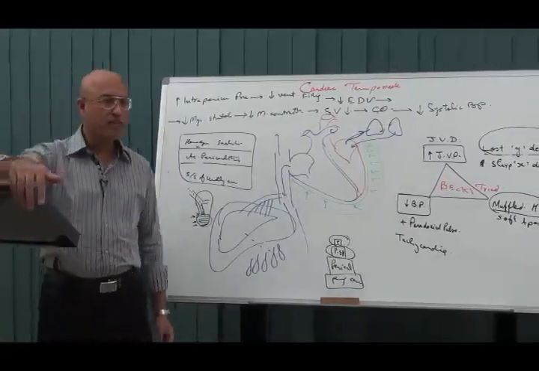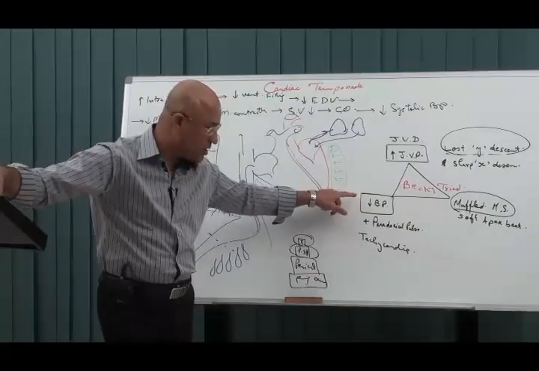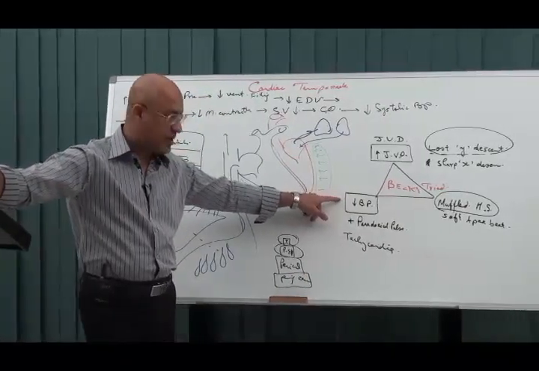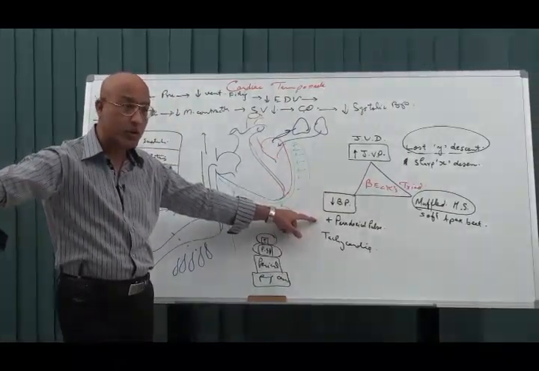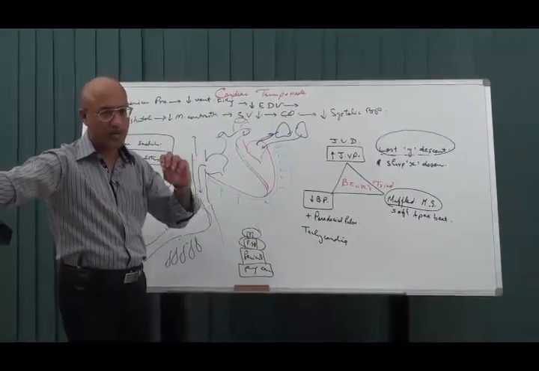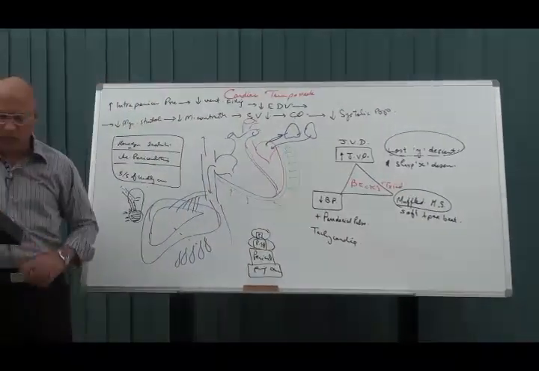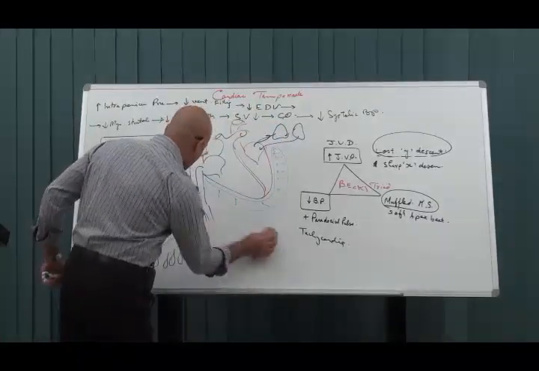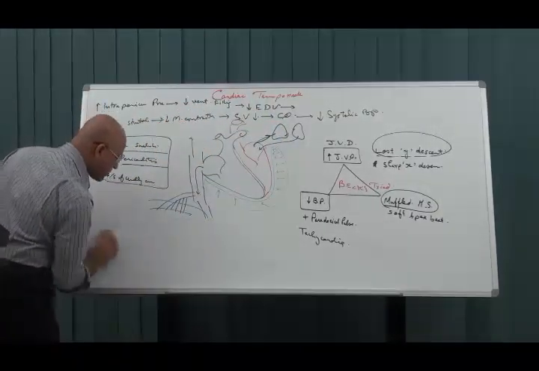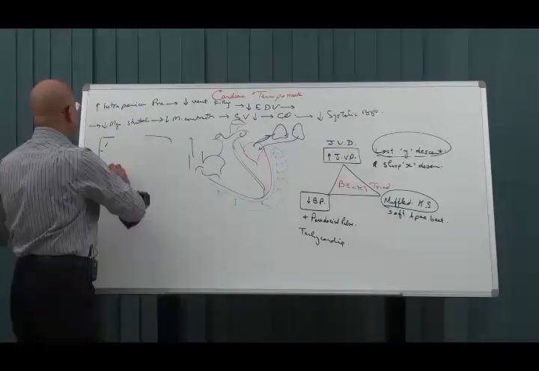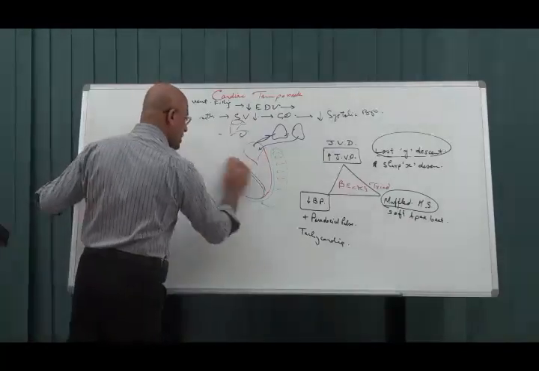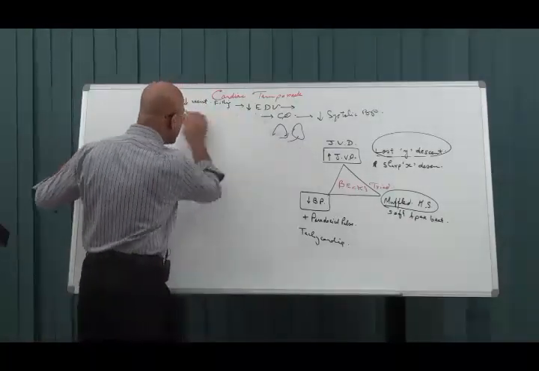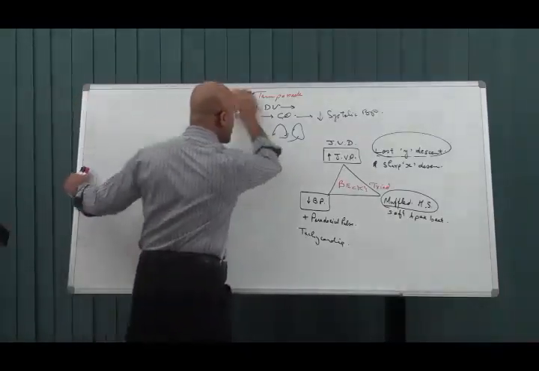As I told you, with falling blood pressure, pulsus paradoxus is a very important clue to this condition, right? Now, what is pulsus paradoxus? Before I go to pulsus paradoxus, I want to explain a very important physiological concept related with the respiratory cycle and arterial blood pressure.